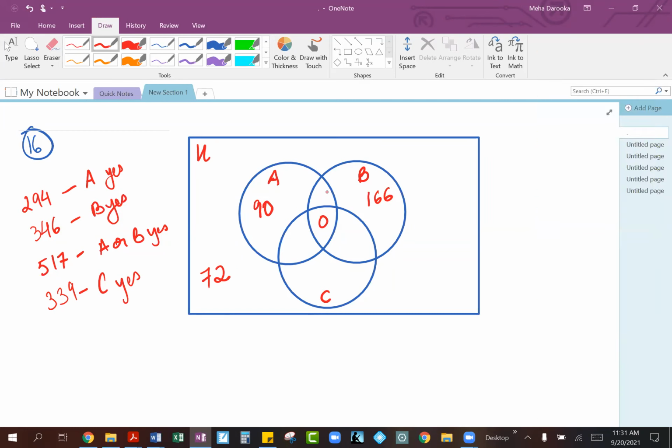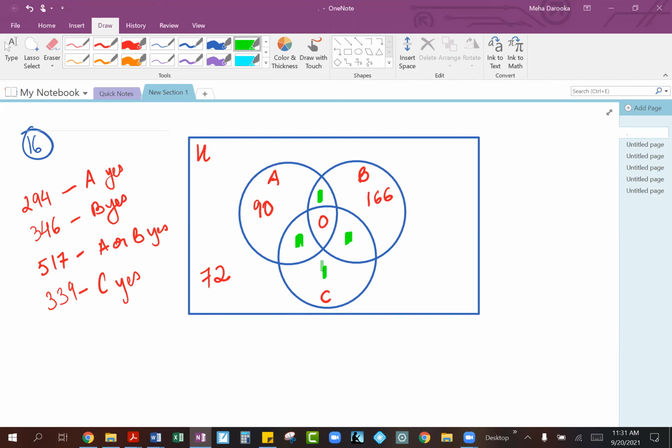So now what we have to do is basically we need to fill in all of these empty spaces. So that is going to be this section here, these two overlapping sections here, and then this section over here. So this is where I was talking about how some of that math is going to come into play.